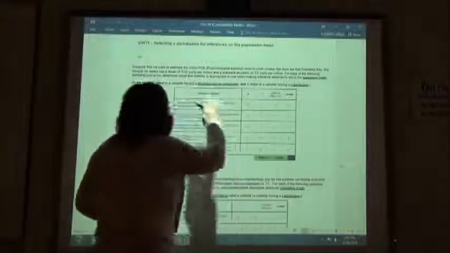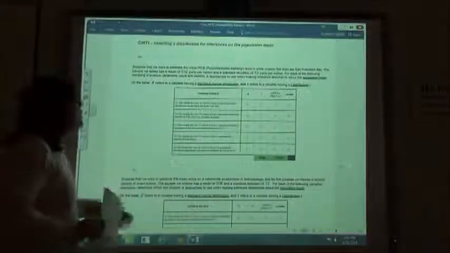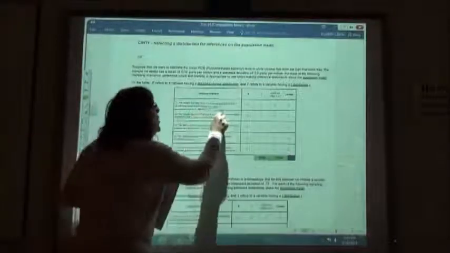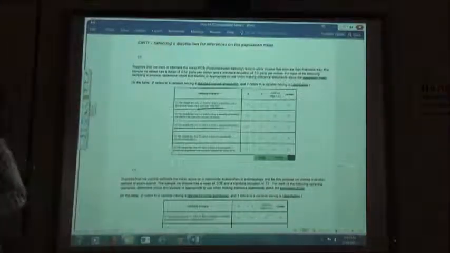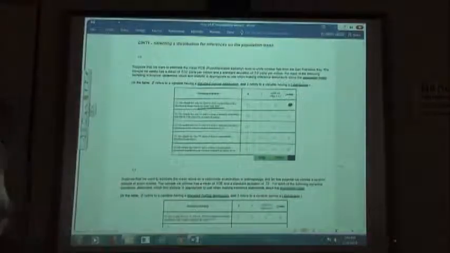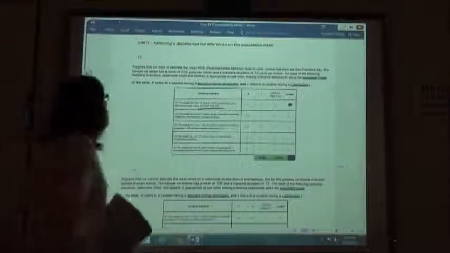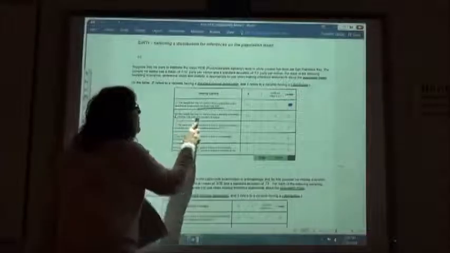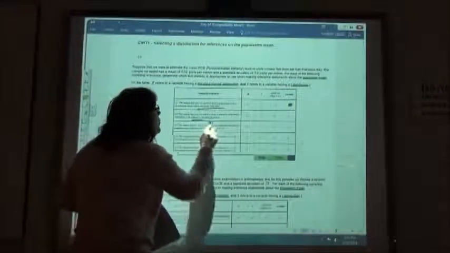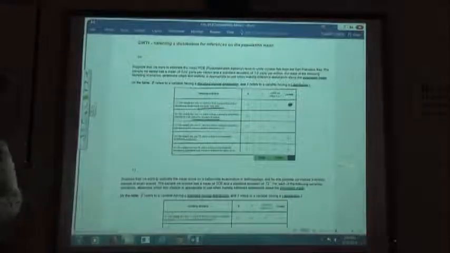So if I'm looking at my table here, the first one has a sample size of 10, which is kind of small, but notice it says we know very little about our distribution. If it says that in there, that means it's unclear and we really don't know whether we should use the Z or the T. The next one, sample size is 14. It is normally distributed, but we do not know what the standard deviation is.